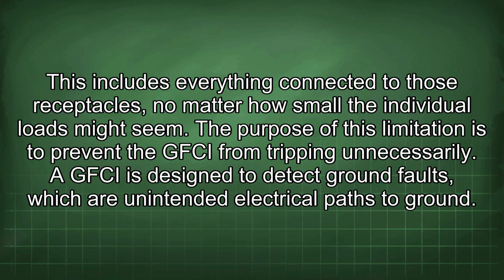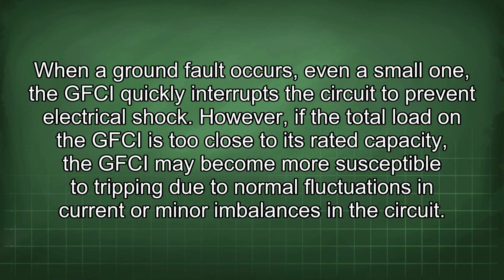The purpose of this limitation is to prevent the GFCI from tripping unnecessarily. A GFCI is designed to detect ground faults, which are unintended electrical paths to ground. When a ground fault occurs, even a small one, the GFCI quickly interrupts the circuit to prevent electrical shock.